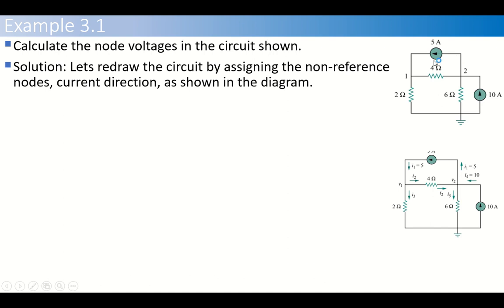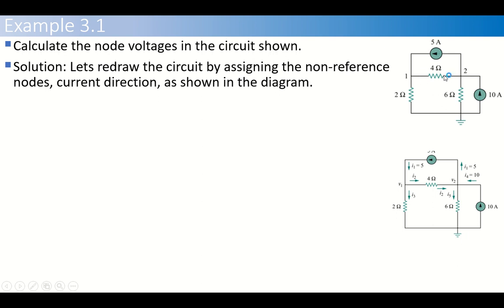In this branch we have the current direction from right to left, we have the current direction here, and we don't have the current direction in the 6 ohm resistance. So we can assign this direction ourselves. Since the 6 ohm resistance is connected between node number 2 and the ground node, we can assign this direction from the non-reference node to the reference node.